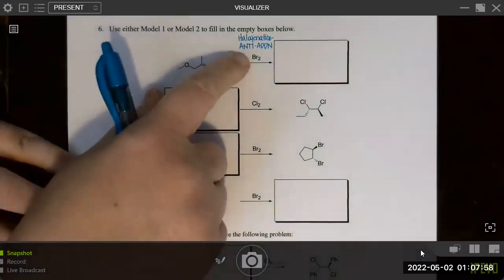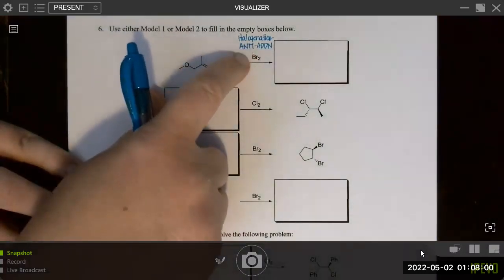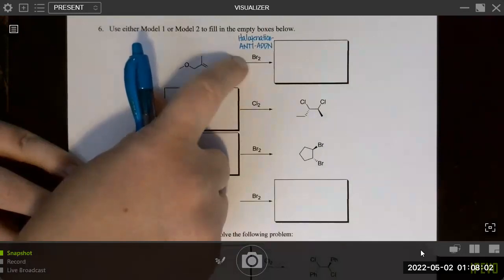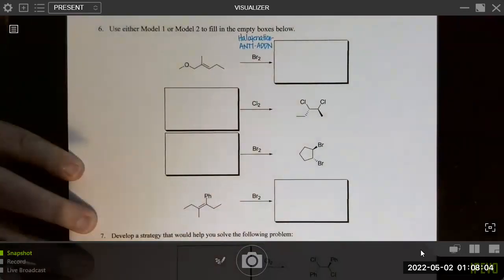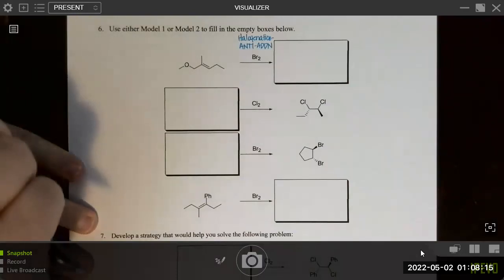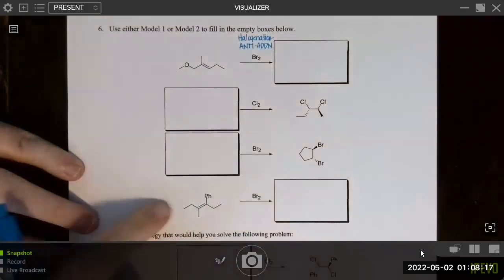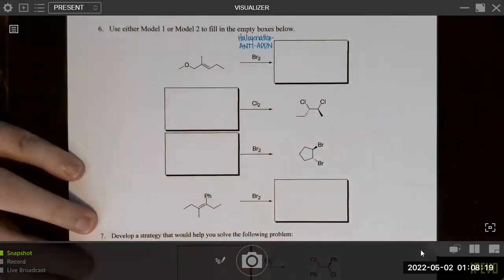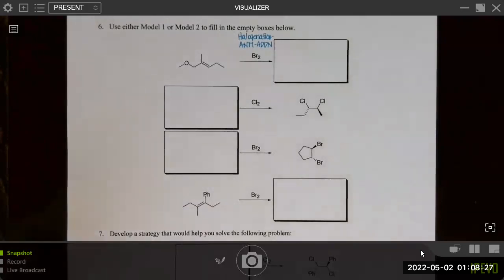That's because both atoms get a bromine, so we don't have to worry about which atom gets which, because they both get the same atom. So we don't have to worry about regioselectivity in halogenation, but we do have to worry about stereoselectivity when 2 stereocenters are being formed, which will be the case in all of these examples.